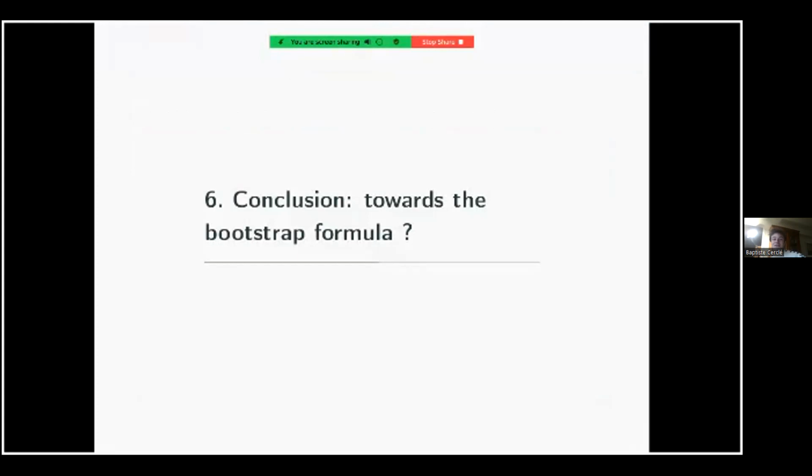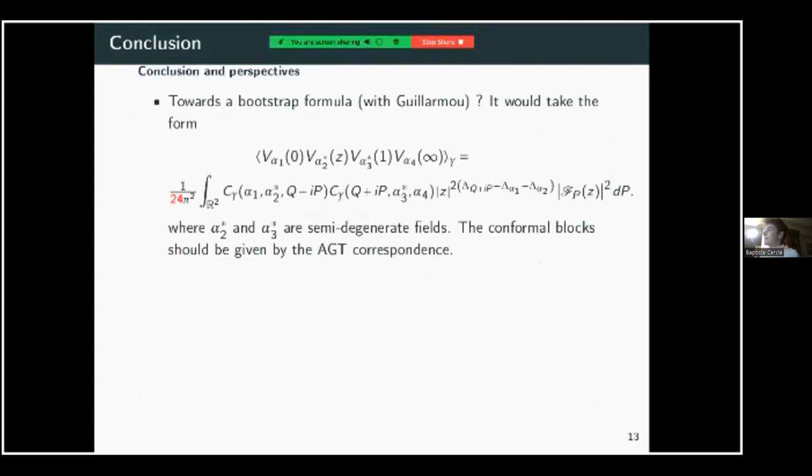Okay, so the next step in the conformal bootstrap procedure would be to describe this bootstrap formula, which expresses these 4-point correlation functions in terms of 3-point correlation functions and these conformal blocks.